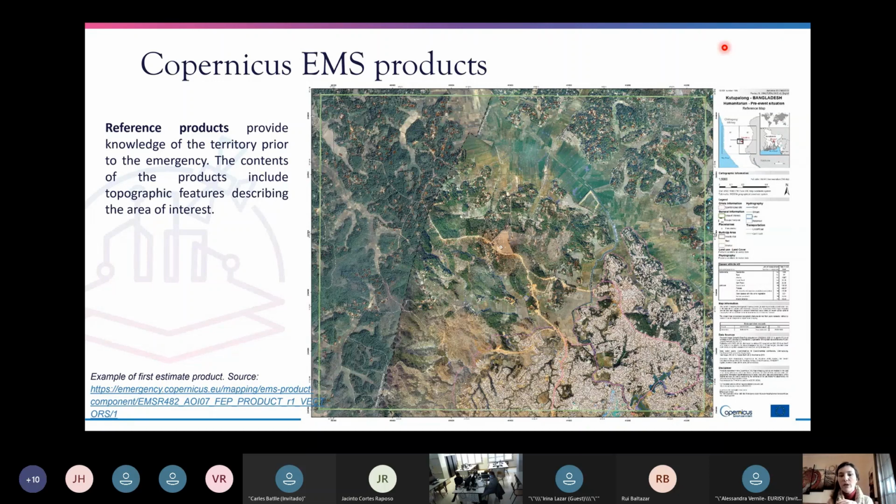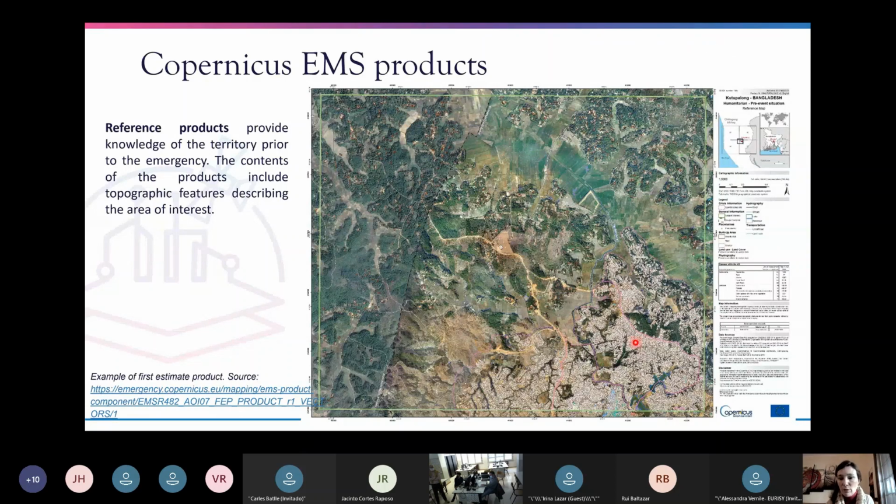So in case that we know that something could occur, or in case that we need reference data because we need to deal with an emergency, but we feel that the maps that we have are not detailed enough, it's possible to ask for these reference products, which correspond basically to a regular map with the details which are needed for the area of interest.